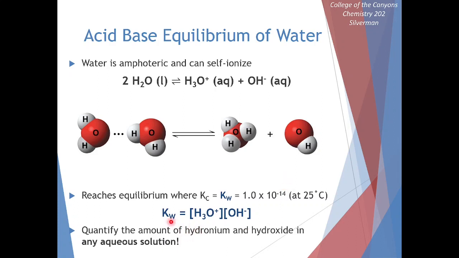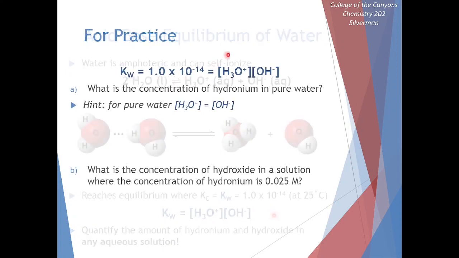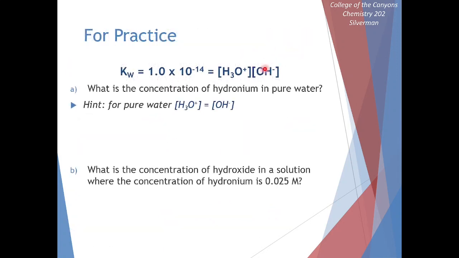Excellent. This will tell us if we have pure water, what is the amount of H3O+, what is the amount of OH- at our equilibrium. In fact, we can solve this by recognizing in pure water, we have equal amounts of H3O+ and OH-, right? Based on the balanced reaction, based on the stoichiometry. We're starting with only pure water. We need to form a 1-to-1 ratio of our two products.